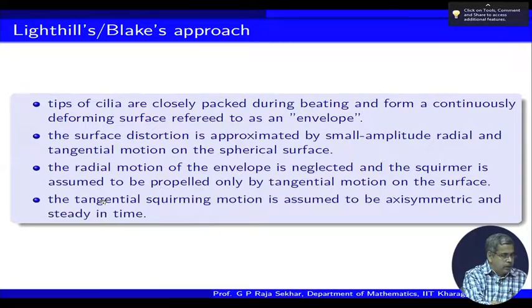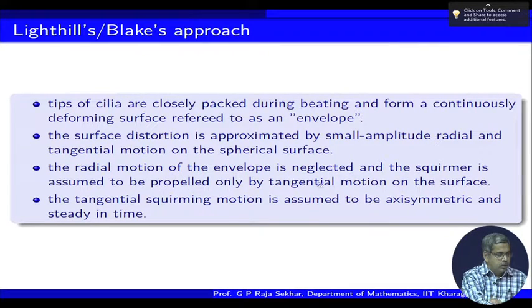So, as a result, a lot of activity by virtue of the tangential movement, and then it is able to move. So, that is squirming. So, the basic assumption here is there is no radial activity, and the entire propulsion mechanism is by virtue of a tangential motion on the surface, and even this tangential motion could be arbitrary or axisymmetric. Typically, as a first approximation, this is assumed to be axisymmetric and steady in time.